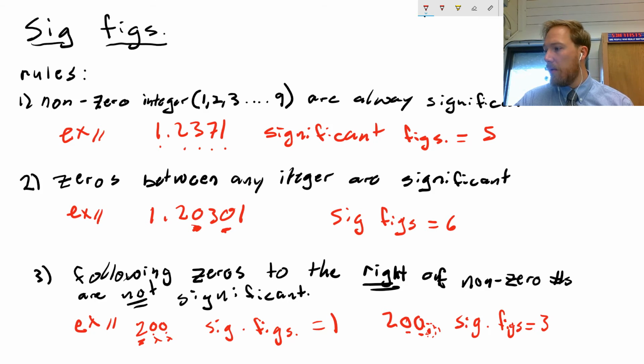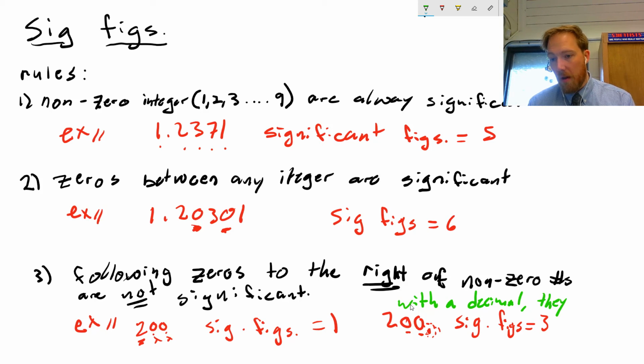So let's write that quick exception. With a decimal, they become significant. They're no longer just placeholders.